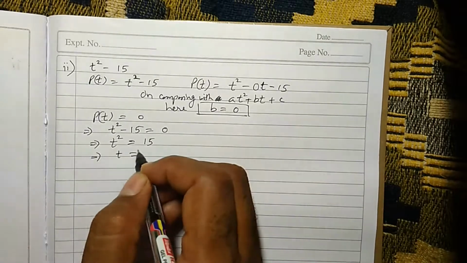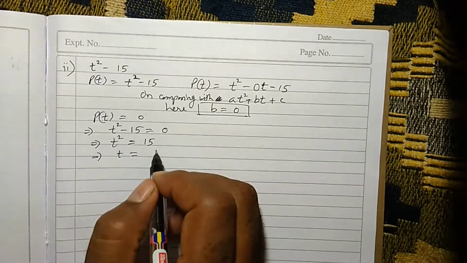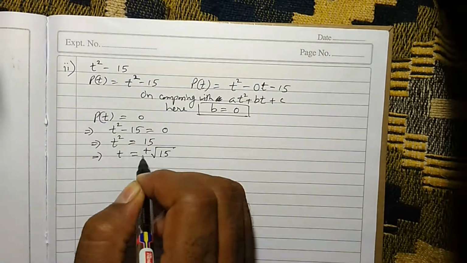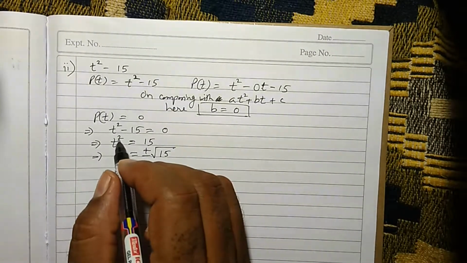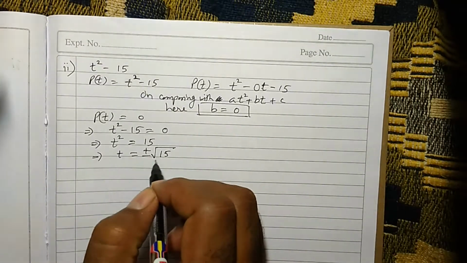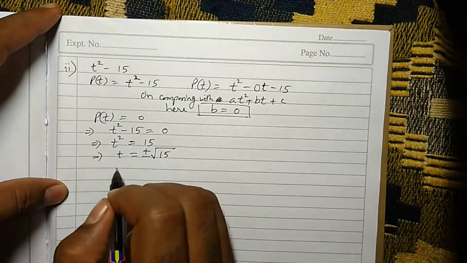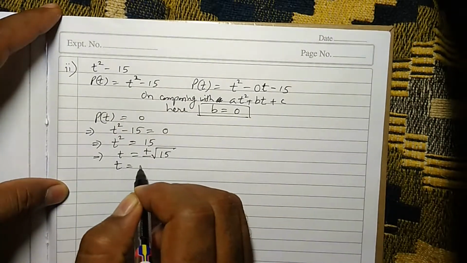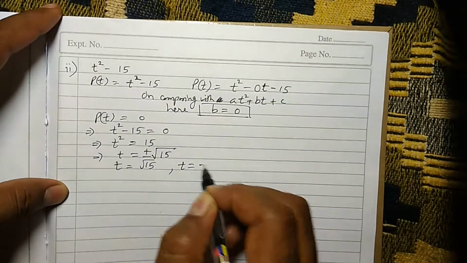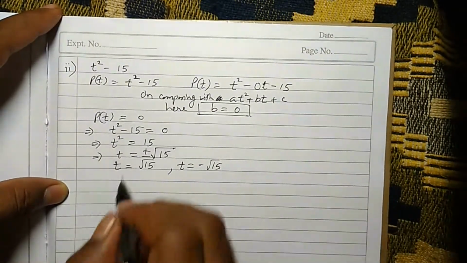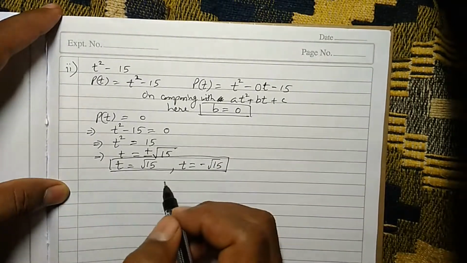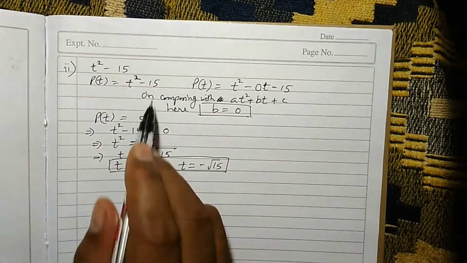Now t will become, as the square goes to the other side, it will be converted into the root, and as the root is always plus and minus if there is t square, you have to take the root as plus and minus root 15. So you got the two values of t, that is t equal to root 15, and the other is t equal to minus root 15. So you have got both the zeros of this polynomial p(t).